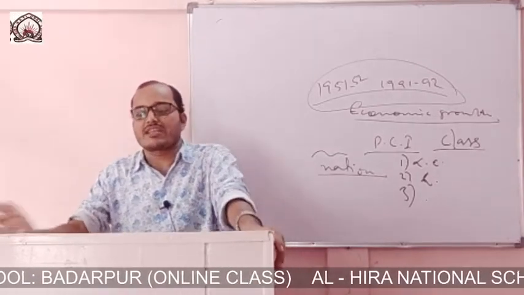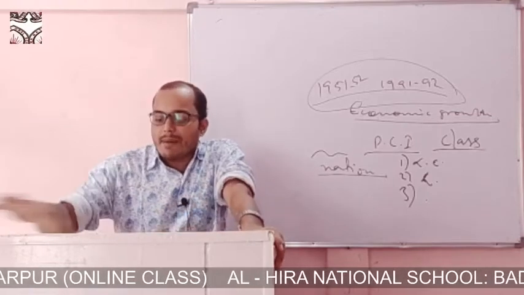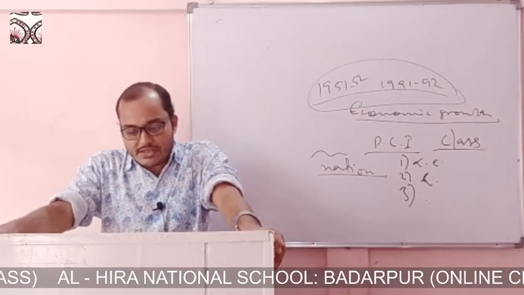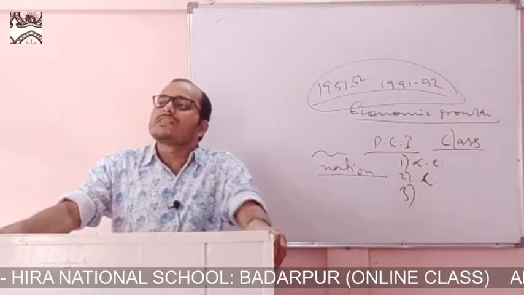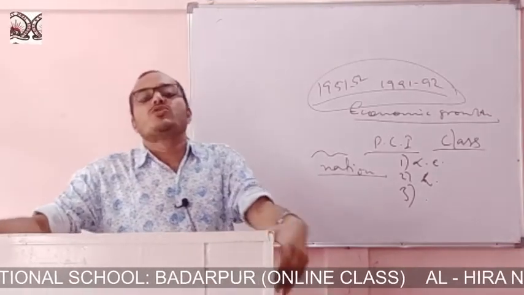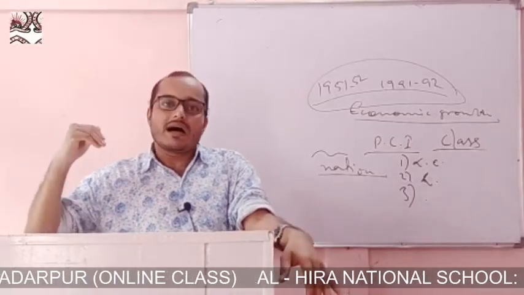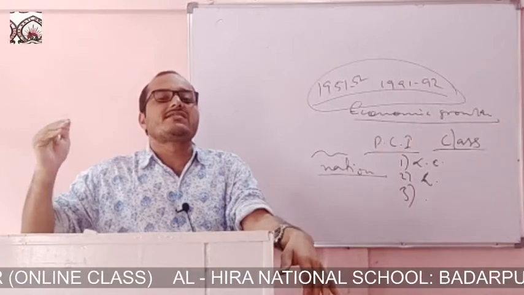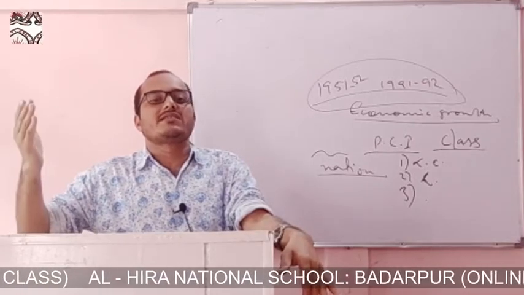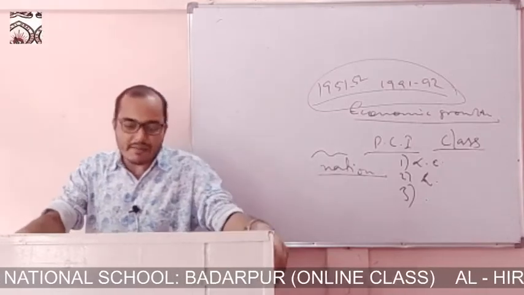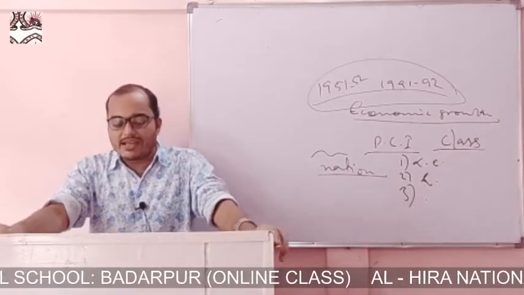And privatization is the opening up of the public sector to the private sector. It is called privatization. Some of the sick units were there, so the government sold them or shared the units' shares with private players. So this is privatization, and third one is globalization.